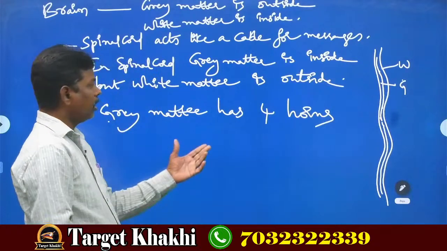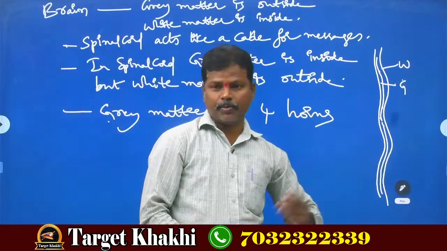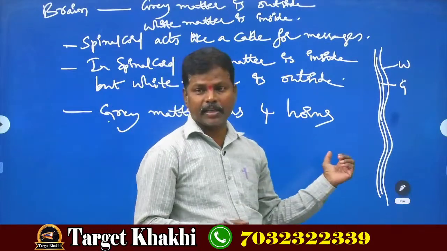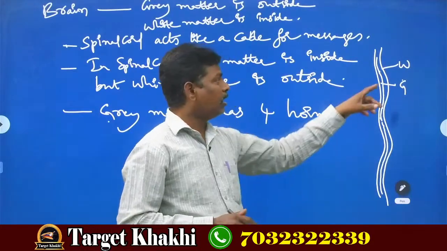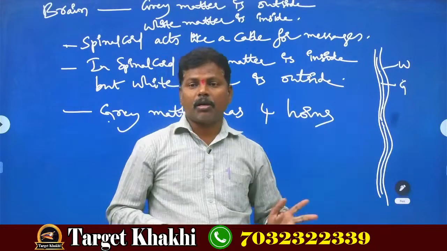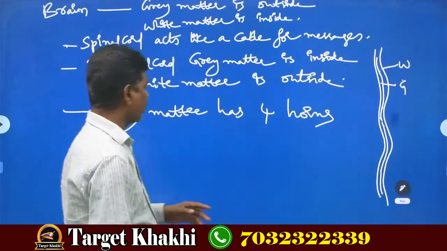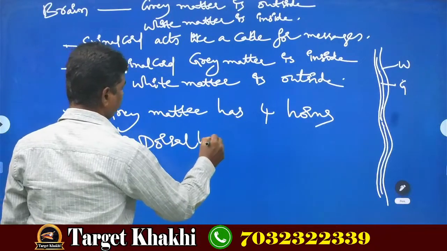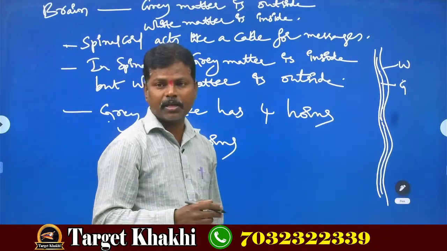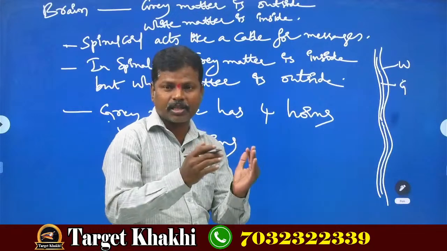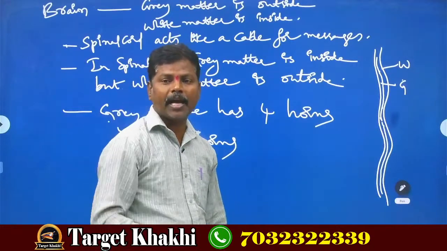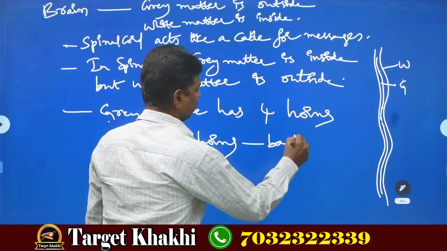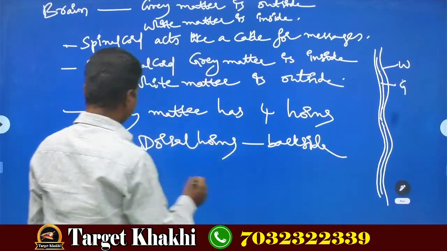So now in the gray matter, suppose we take a TS of the spinal cord, then we can see and say that gray matter has 4 horns. What are they actually? 2 dorsal horns. Dorsal horns means horn-like structures present at the back. Dorsal means backside.